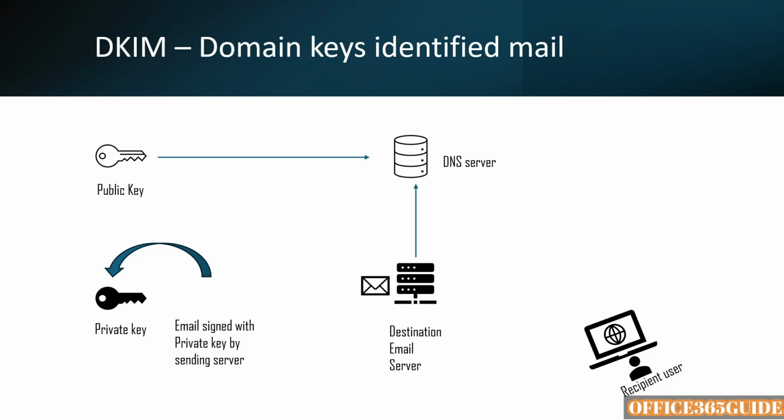As long as those intermediary servers do not tamper with the email, the email signature will be verified or DKIM will be passed. So in that sense, you can say that the email was not tampered with and the public key is able to verify or decrypt the signature that was signed by the private key. And that's how the recipient will receive the email and we will have DKIM as passed.